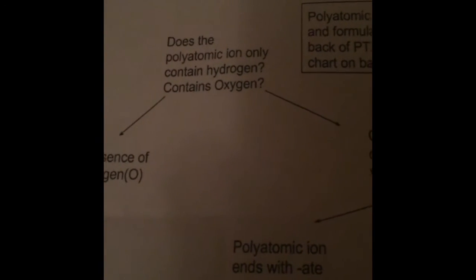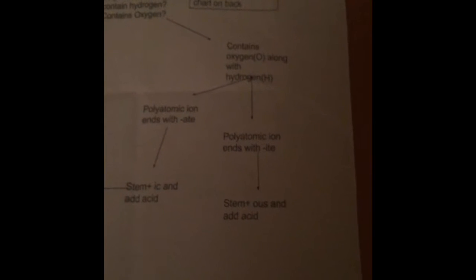The polyatomic ion we have here contains both hydrogen and oxygen, so we move over to this side of the chart. Because SO3 is sulfite, it ends with ITE, so we go here and you have the stem, which is sulfur.